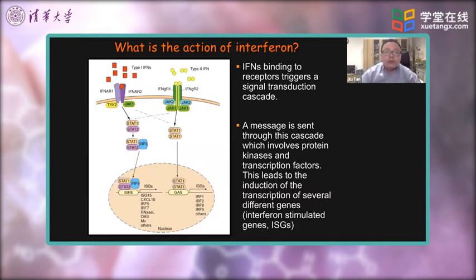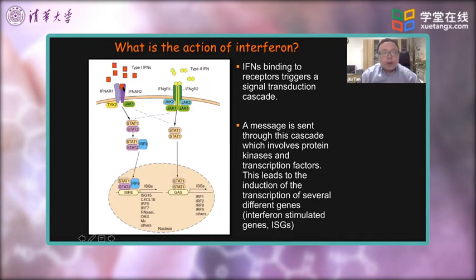So how does interferon work? As I mentioned, interferons are small proteins released by cells into the extracellular environment, so that they can send a signal to neighboring cells. Here it shows that type 1 and type 2 interferons, when released into the extracellular environment, can find their receptors on the surface of neighboring cells.